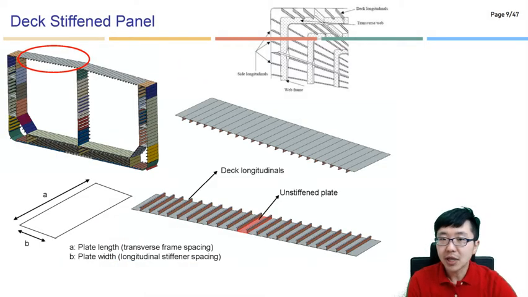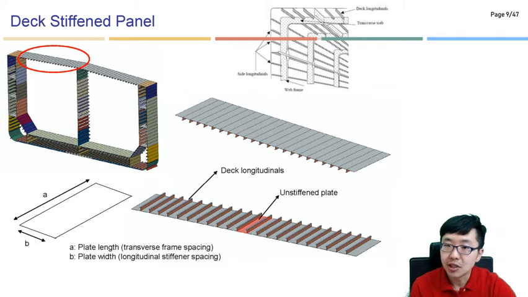So, the deck stiffened panel. Now you are familiar with this plate and stiffener combination model, and this is an unstiffened plate, or just plate as well. In general, we define the length of the plate as A and B as the plate width. Of course, the thickness can be defined as T. All right.